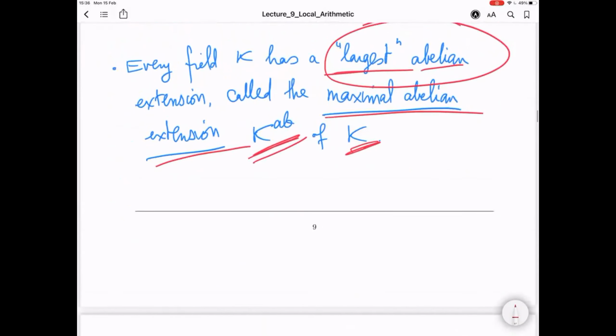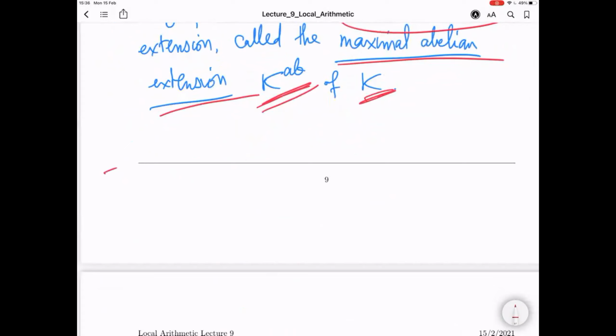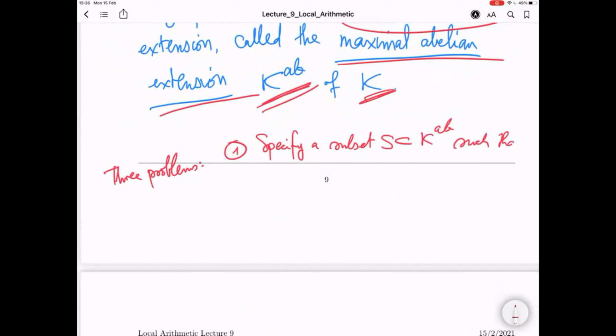So actually, even at this point, you will have these three problems. The first one would be to specify an explicit subset S of this K abelian such that K(S) is K abelian. That is to say, you have to specify some generators for this extension.